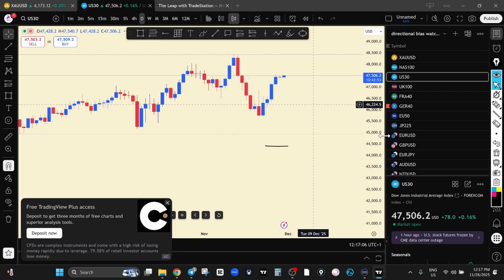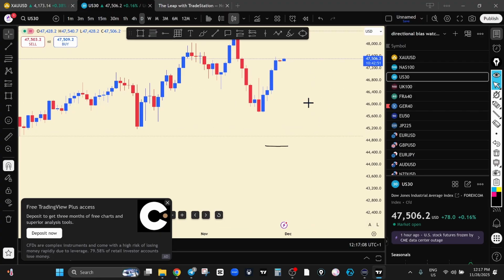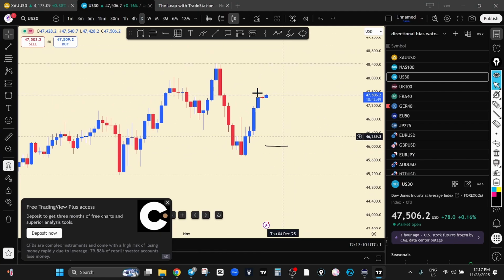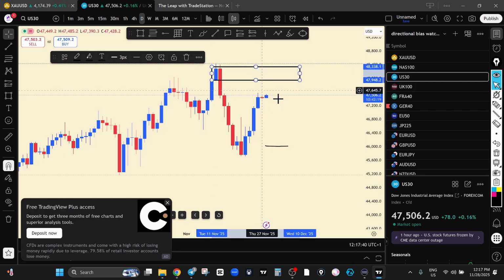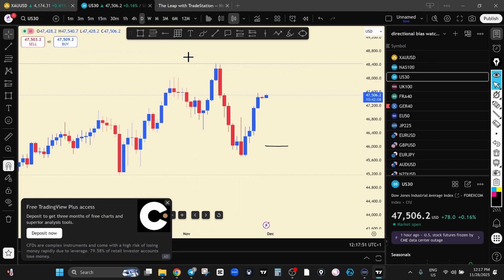And then on this daily, we are still pushing higher. So you should expect price to trade to this point here. But I'm not expecting you to short here. Please don't short here. You only short when the signal is there for you to short.